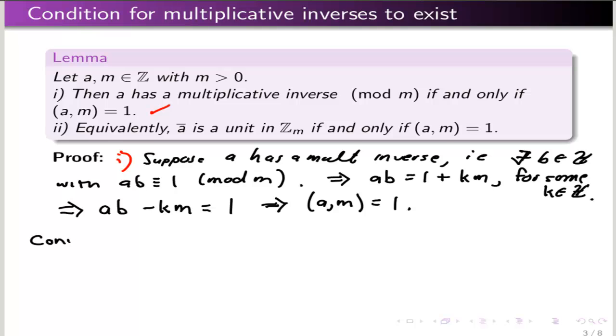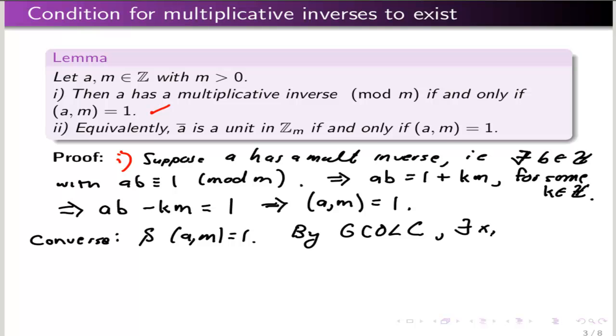Conversely, suppose that the GCD of A and M equals 1. Well, then by the GCD-LC theorem, there exist X and Y in Z such that AX plus MY equals 1.